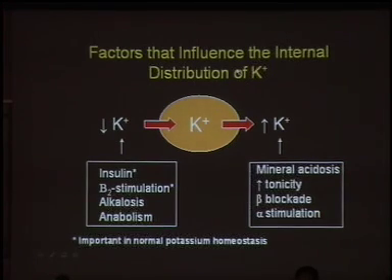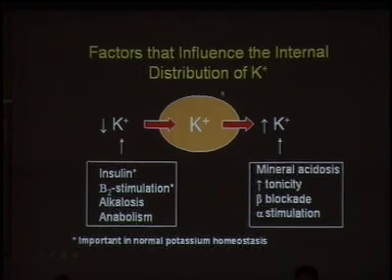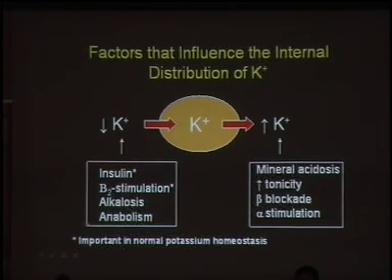Factors that influence the internal distribution of potassium, meaning cell shift. Like I said, it's hormone related, and this is one of the most important parts of potassium homeostasis. Insulin, beta-2 stimulation, metabolic alkalosis make the cell shift.